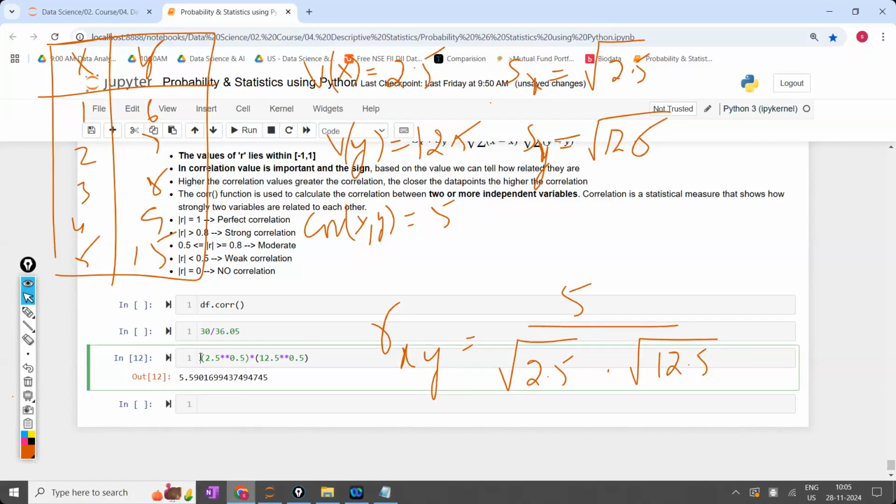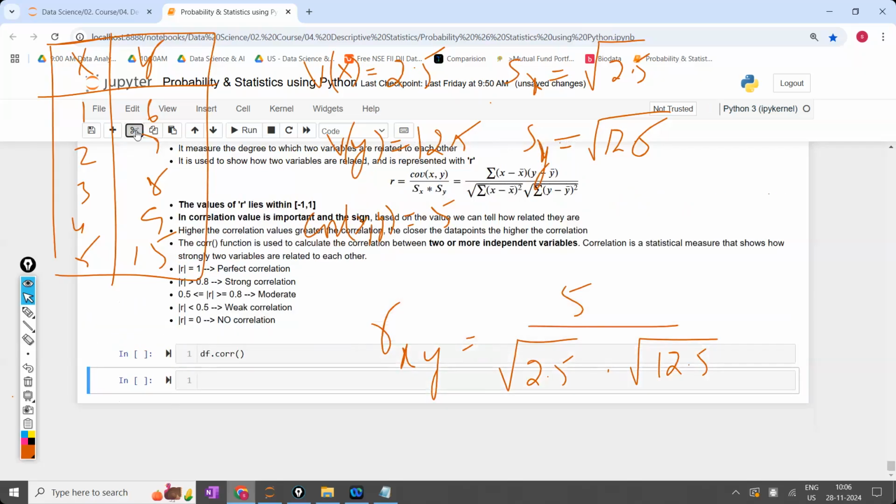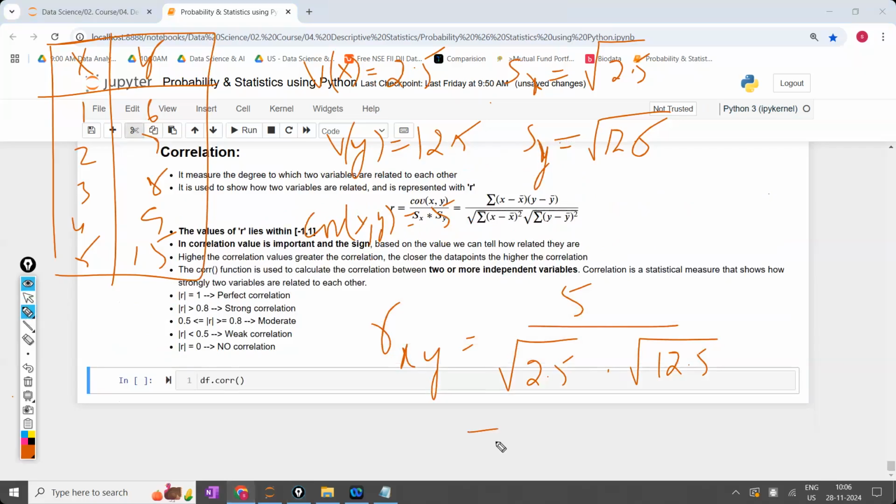Dividing 5 by that gives 0.89, which is the correlation. Is the point clear? Now let us cross-check the 0.89 which I got after applying this math.